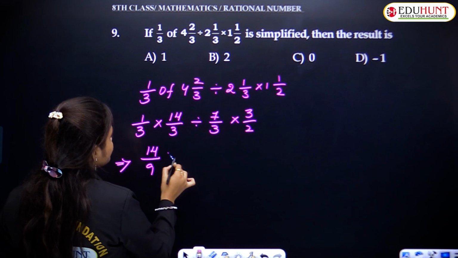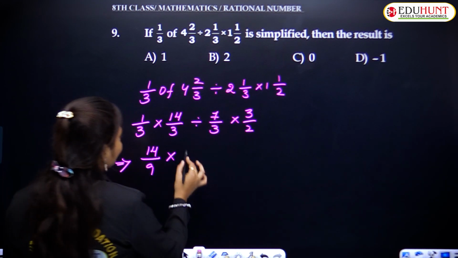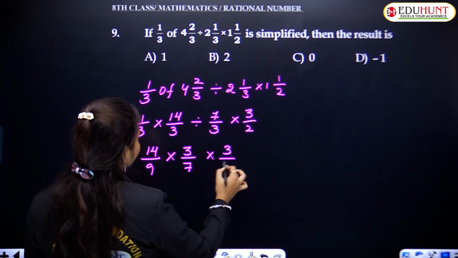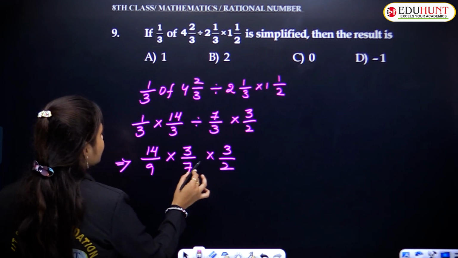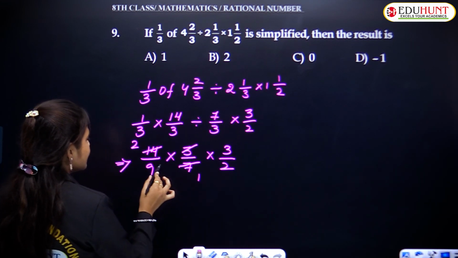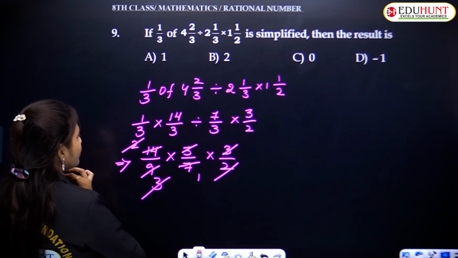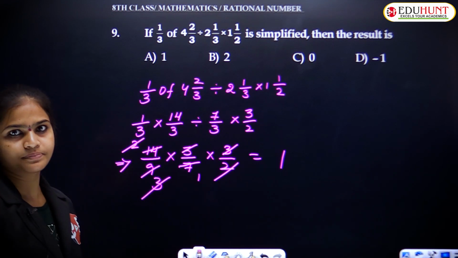Division is there, so in the denominator the fraction becomes the reciprocal, into 3 by 7 into 3 by 2. Now do the simplifications. 7 ones are 7, 7 twos are 14, 3 and 3 get cancelled, next 2 and 2 get cancelled, so totally cancelled. Finally the value is 1.